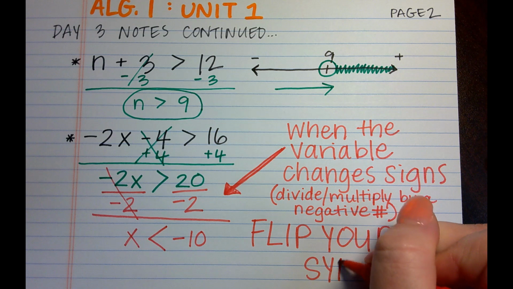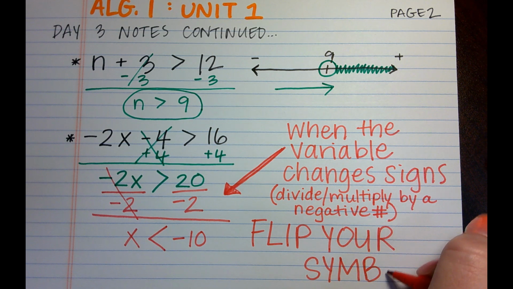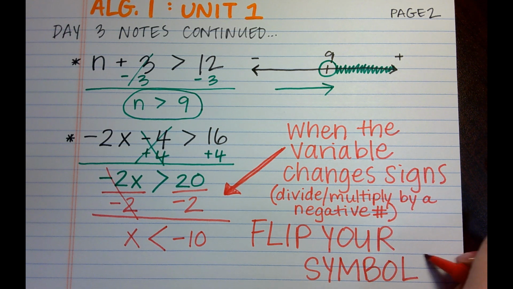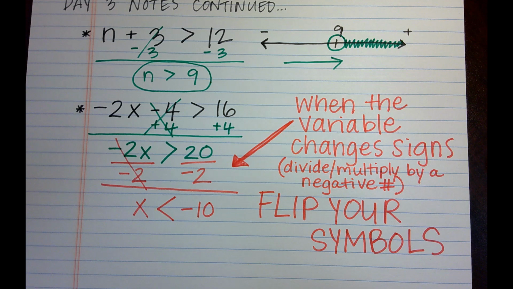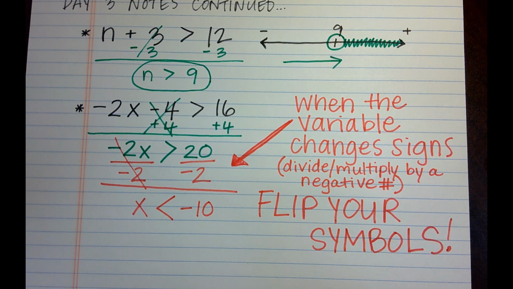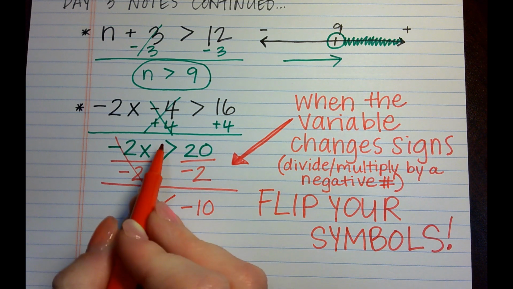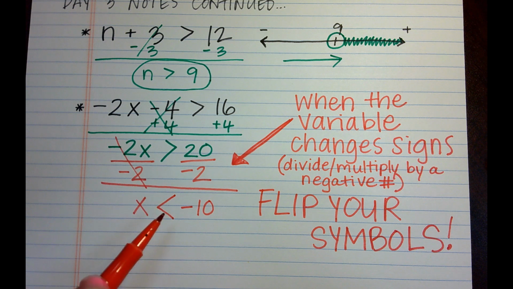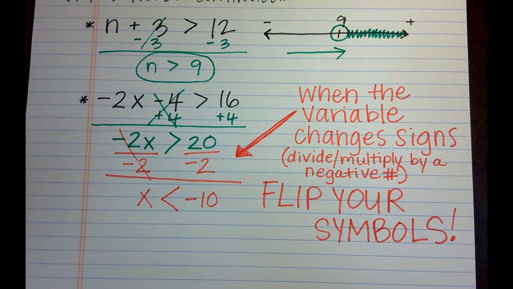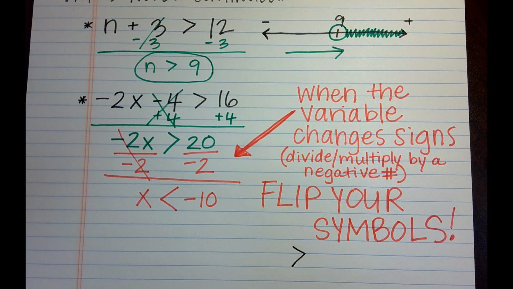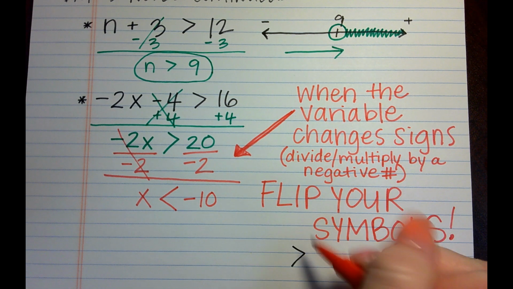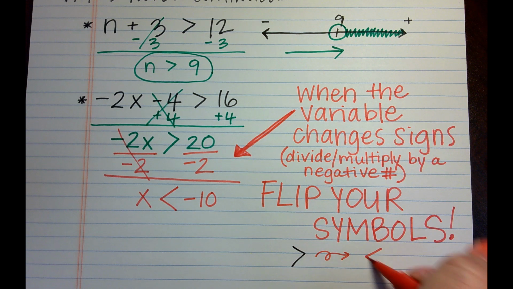I'll call it a symbol instead of a sign because I think it is going to get confusing if I call too many things the same name. So we switch from greater than to less than in this case. If I start with greater than, it will become less than.